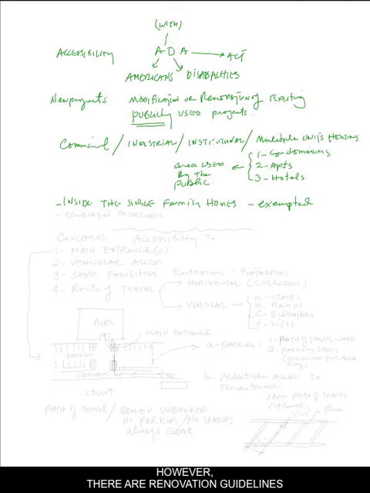However, there are renovation guidelines which are extremely useful for renovating buildings that can be accommodating the ADA. But when you build a single family home, unless your client has disabilities and requests for it, you are not required to get that incorporated into your design.